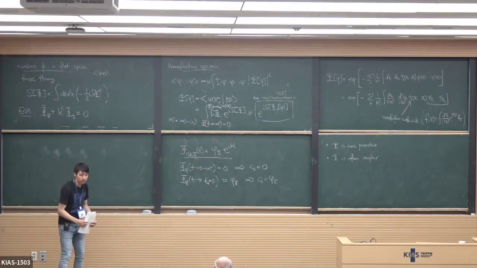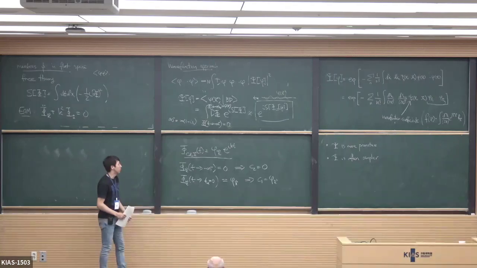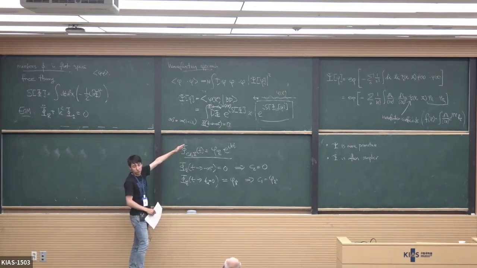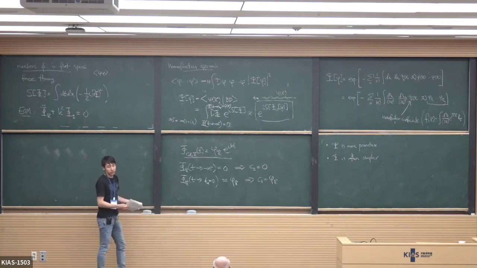Talking about only, let's say, during the inflation. So here I'm just computing this object in Minkowski space. We are not in inflation yet. In Minkowski space this boundary condition is very natural because it's just a vacuum state. In inflation there's a choice.